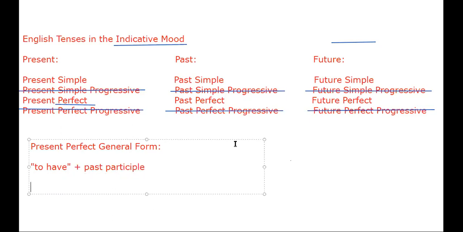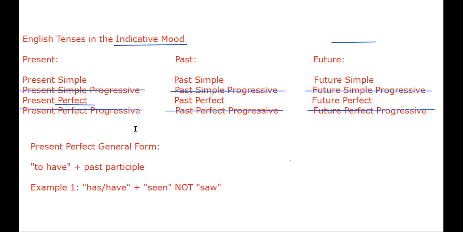So for example, example 1, we have I have seen. So in this case, we have have and seen, or has and seen. It really doesn't matter. It depends on the person. Seen here is the correct form, not saw.